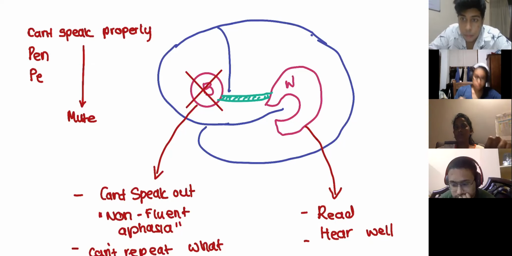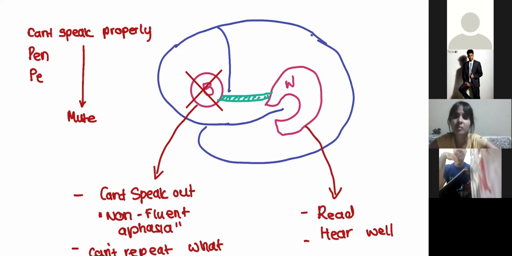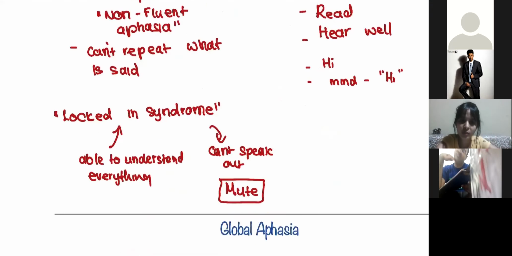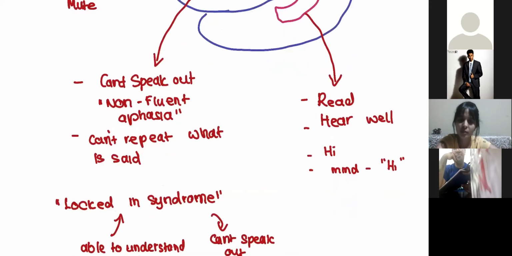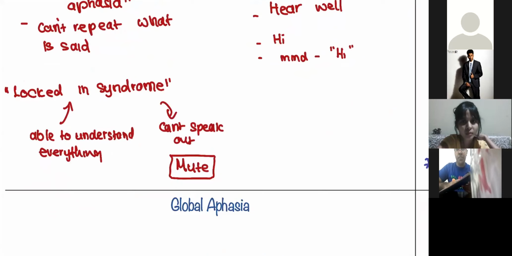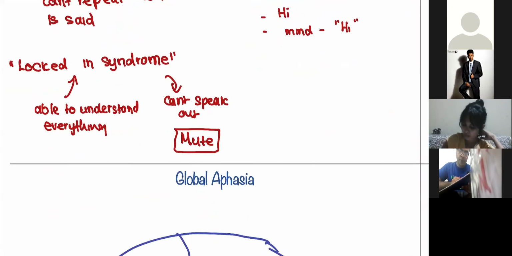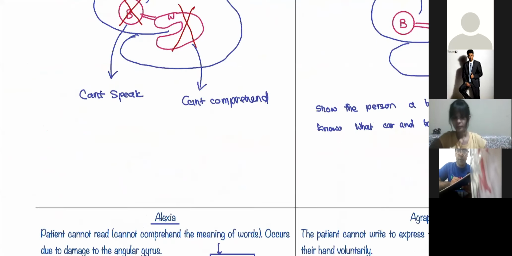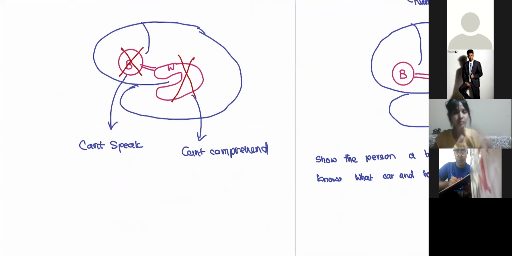Sorry, can I ask, global aphasia, is it deaf and dumb or deaf and mute? Actually, these patients are not deaf. They can read and hear properly. They are mute. Even though I said deaf and dumb, they are not deaf.